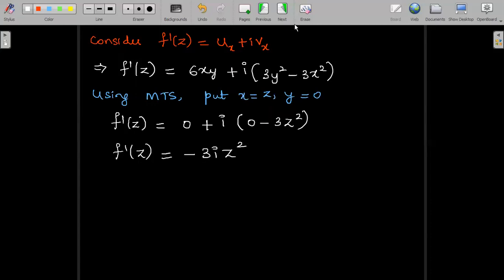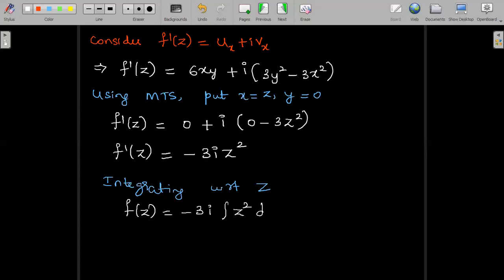So that now when we integrate with respect to z, integrating on both sides with respect to z, this will give us f of z as a function of z now. So f of z will be equal to minus 3I integration of z square dz plus the constant of integration c.